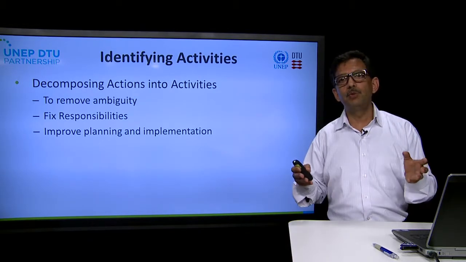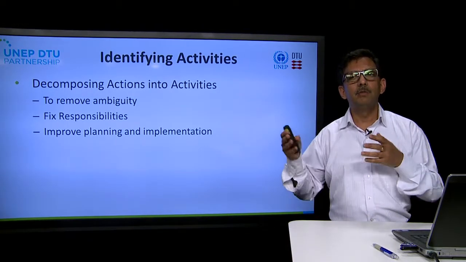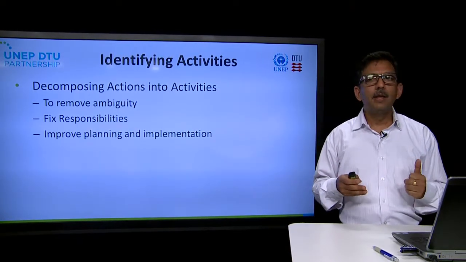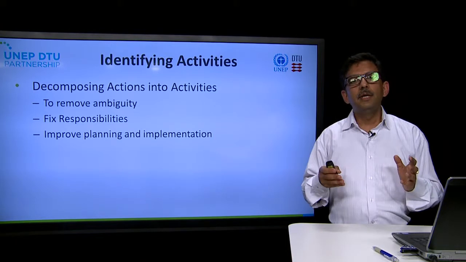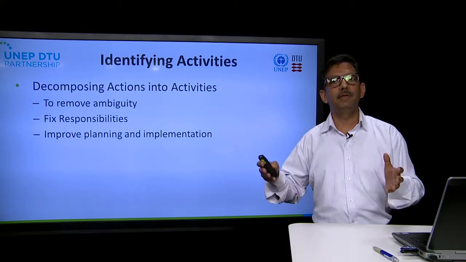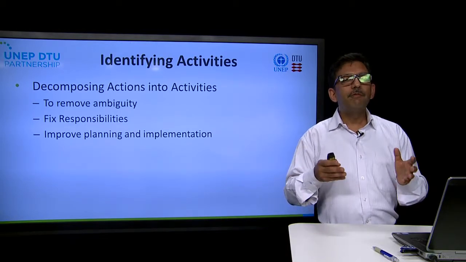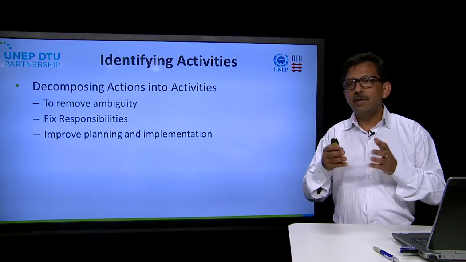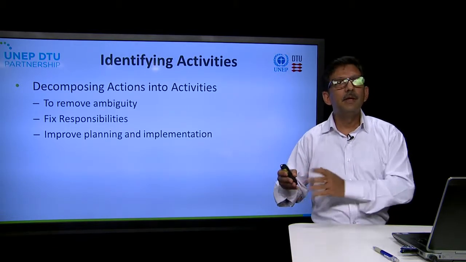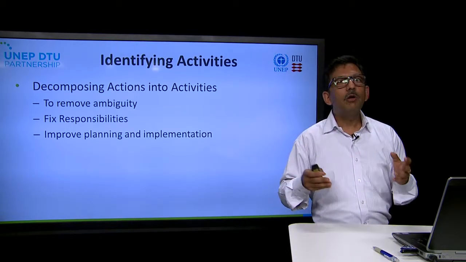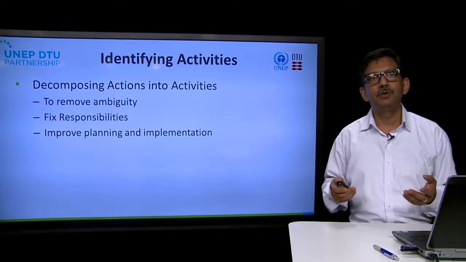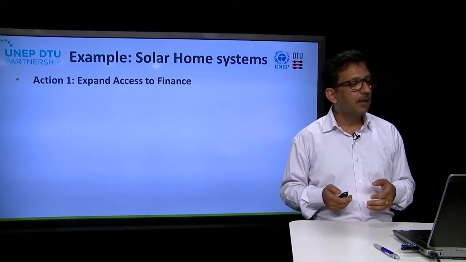So to remove ambiguity, it is very important to decompose them into different activities. Secondly, we are trying to fix responsibilities for implementation of different activities. If our activities are very well defined, it is easy to define the responsibilities. Thirdly, it will also help us in improved planning and implementation of these activities.